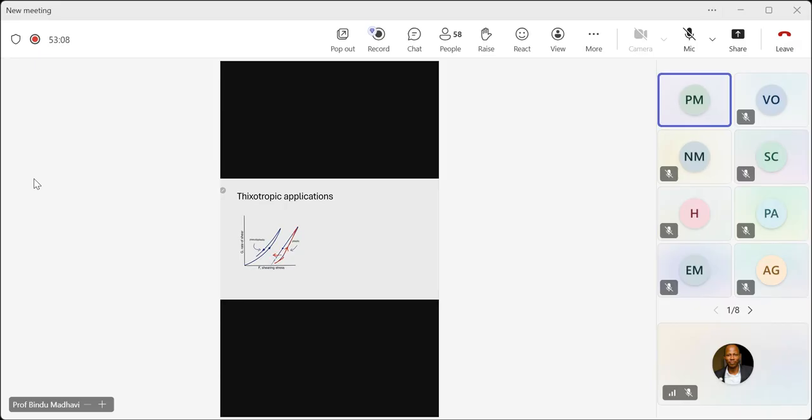Which is indicating there is a drop in viscosity, which is called thixotropy. The same drop in viscosity is indicated for the pseudoplastic system in the other graph. So what is the application of thixotropy in pharmacy? The moment we shake suspensions or emulsions, the thixotropy must be less.